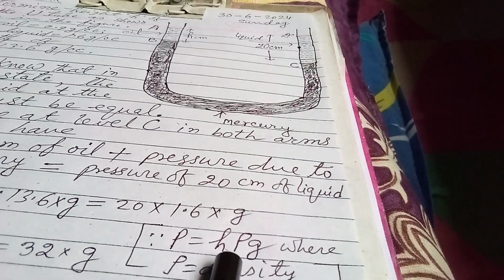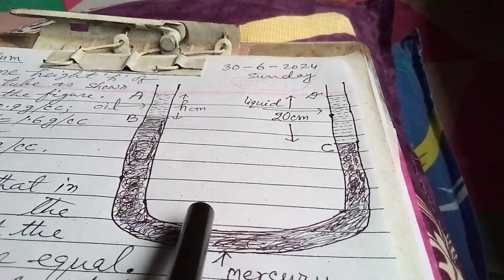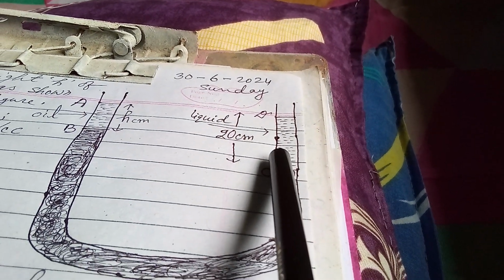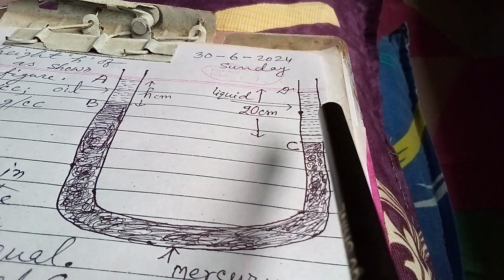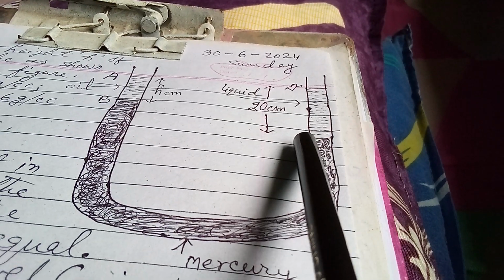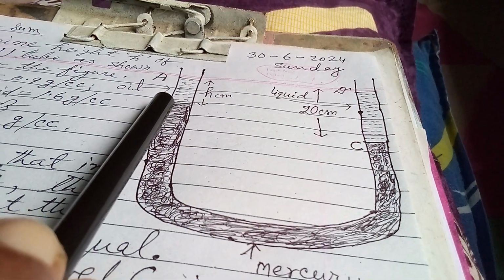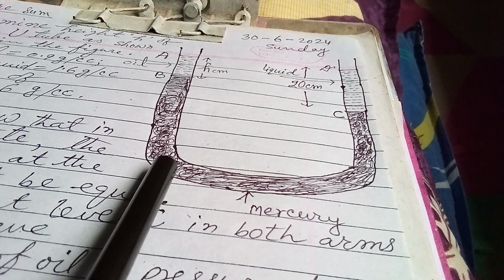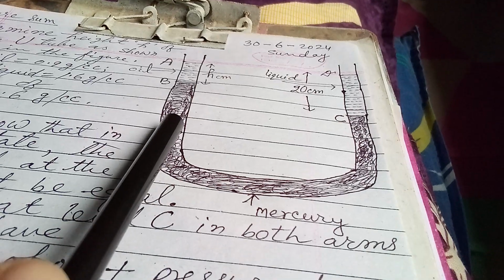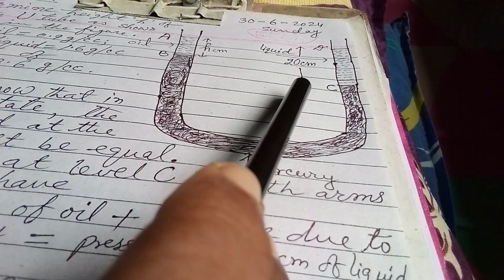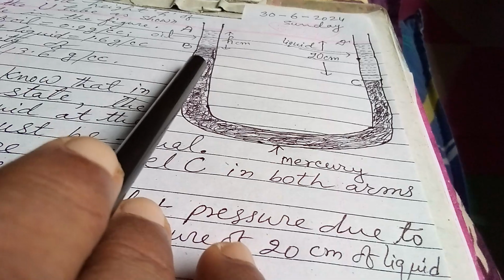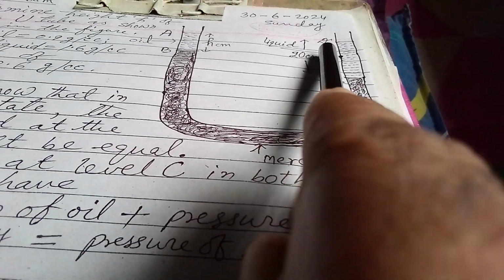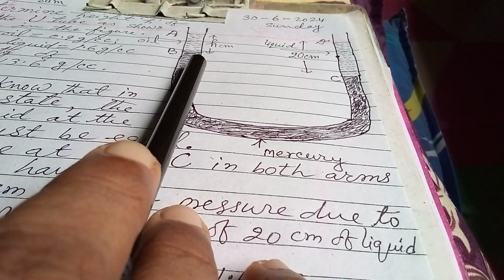So here you have to keep in mind the liquid height is 20 centimeter. This will equalize the pressure of the oil plus pressure of the mercury, which means the mercury's height will be 20 minus h centimeter, because the liquid height is total 20 centimeter and here h centimeter is the oil height.